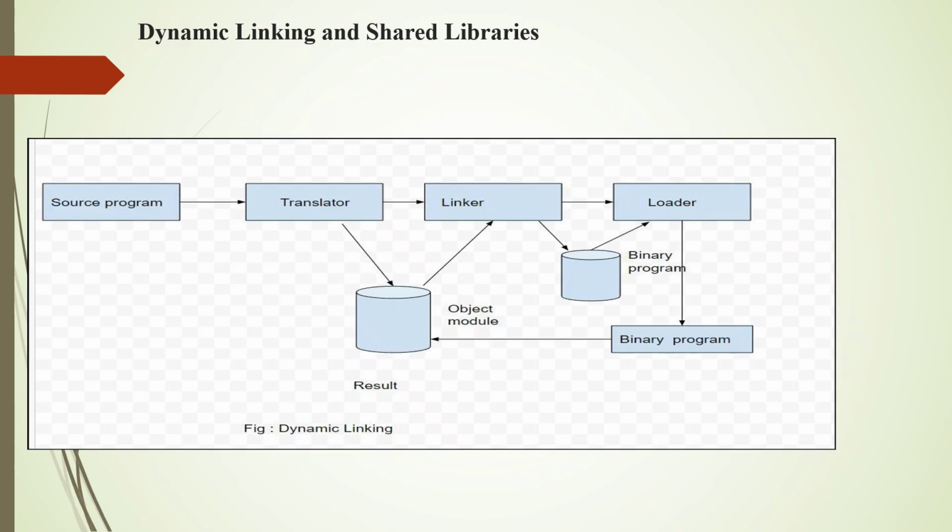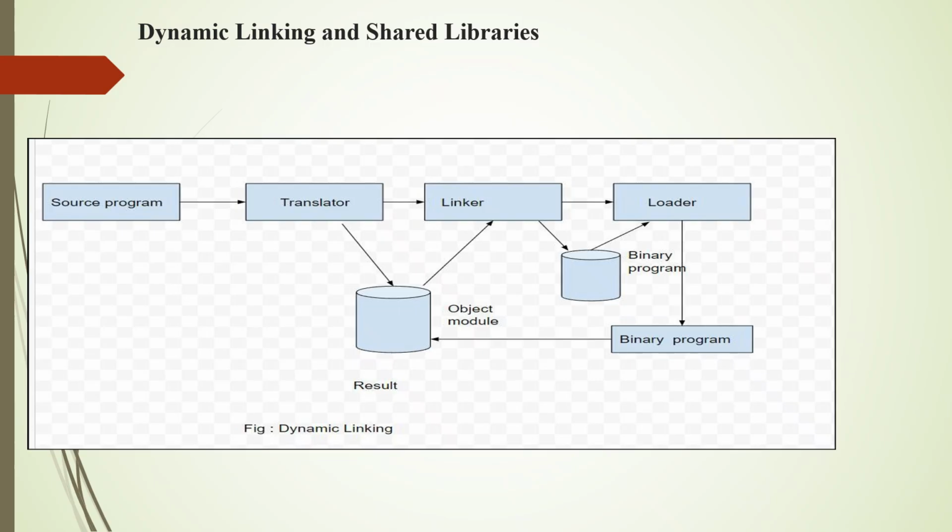This approach has several advantages. Since common libraries are shared among multiple programs, memory usage is reduced. The executable file size also becomes smaller because it does not copy all library files. In addition, if a shared library is updated, all programs using that library can benefit from the update without needing to be recompiled.